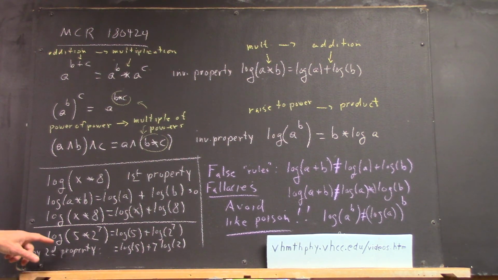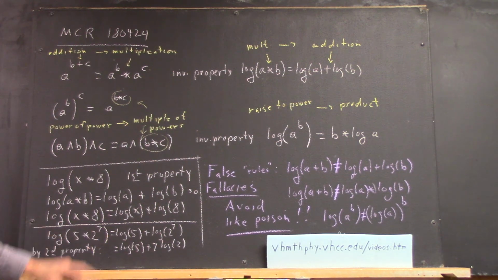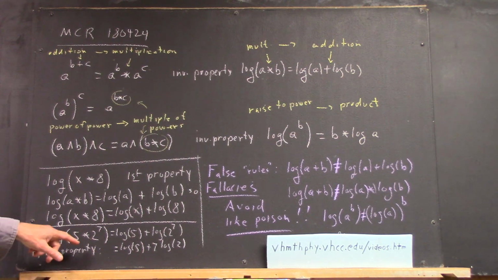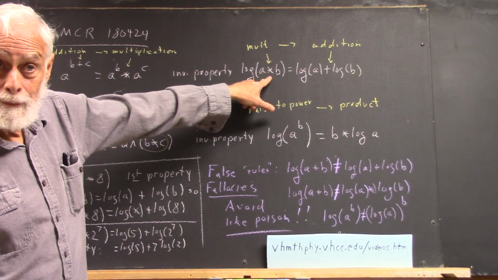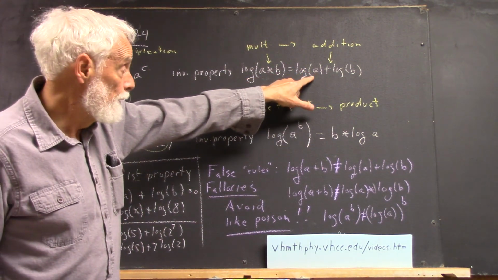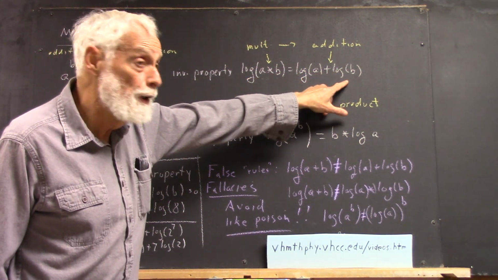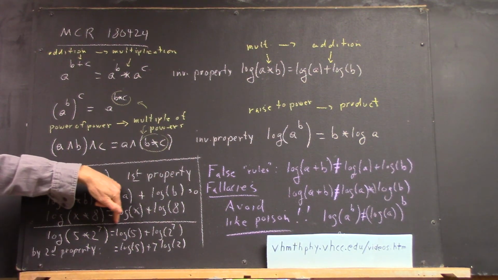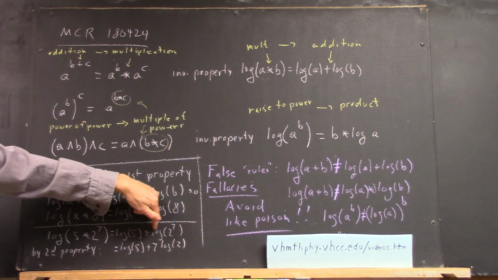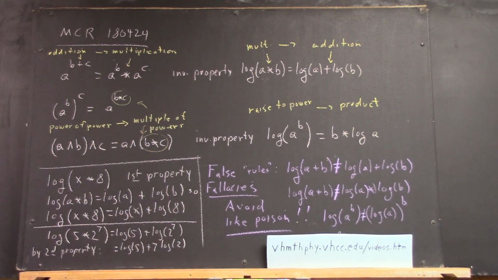Okay, now let's consider the log of 5 times 2 to the 7th. What property applies? Well, you have a log of something times something. That's this property, right? And this property tells you that's a log of the one something plus the log of the other. So log of 5 times 2 to the 7th is the log of 5 plus the log of 2 to the 7th.